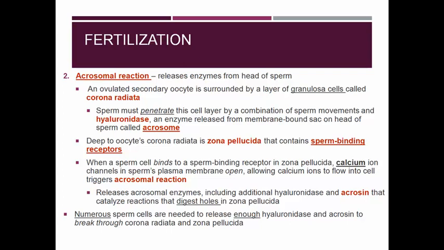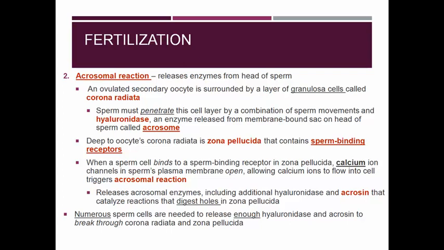So deep to the oocyte's corona radiata is the zona pellucida. This is where the sperm's binding receptors are. So the sperm cells will bind to these sperm binding receptors within this layer. The calcium ion channels in the sperm's plasma membrane begin to open. This allows an influx or a flow of calcium ions into the cell, and it causes the acrosomal reaction.